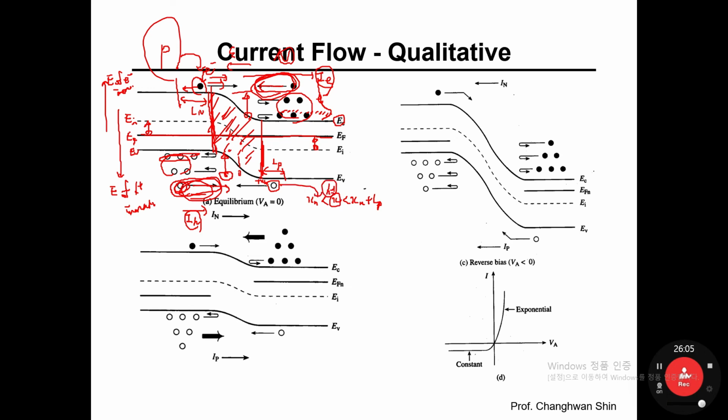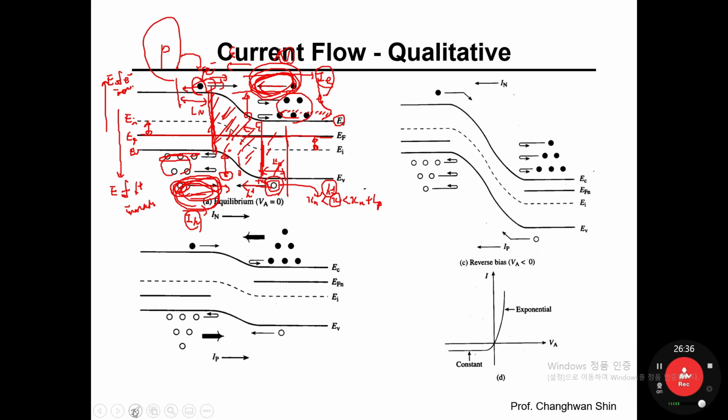If a hole exists within this area, it would be possible to move into the depletion layer width. Then the electric field is formed from n to p, so this hole would be drifted toward the p side. So this minority carrier electron and hole movement should cancel out the majority carrier movement. That is the main reason why there is no current at thermal equilibrium.